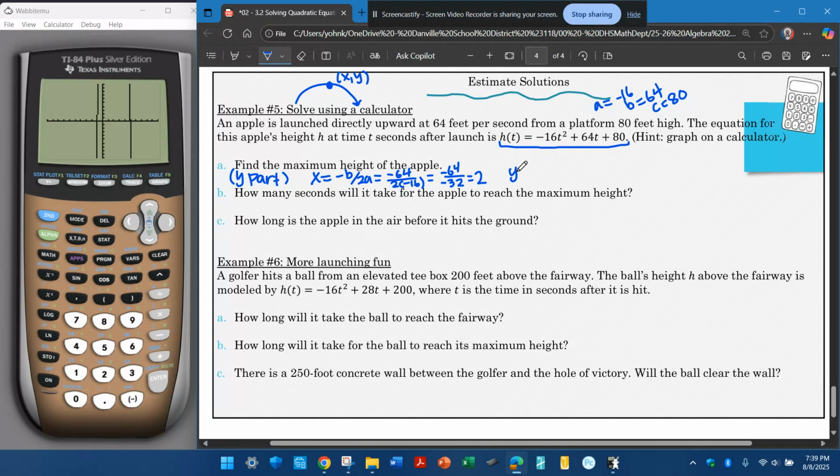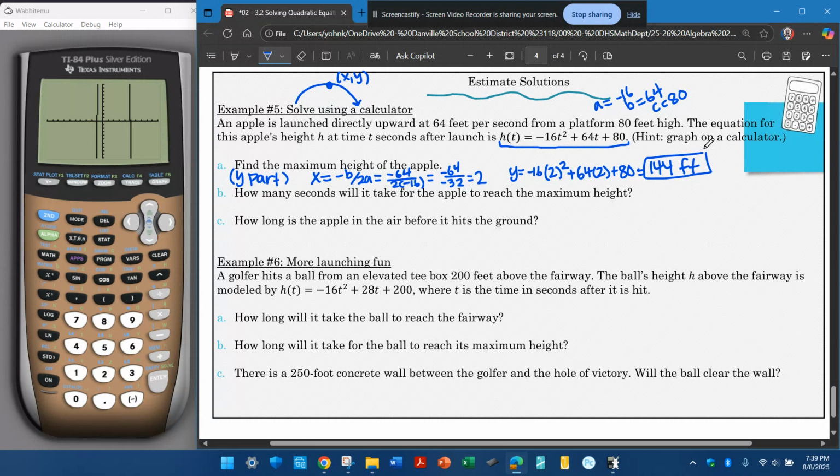So we're going to find y equals negative 16 times 2 squared plus 64 times 2 plus 80, and we're going to get 144 feet. So that means the apple is going to reach a maximum height of 144 feet in the air.